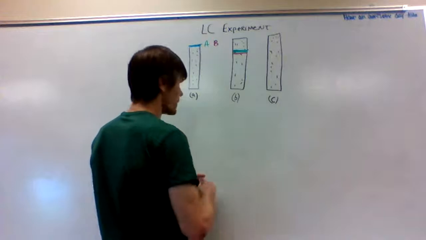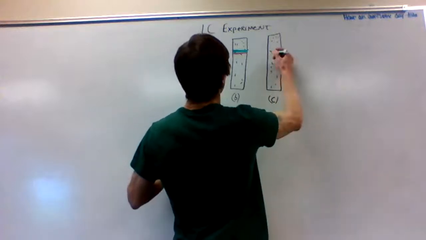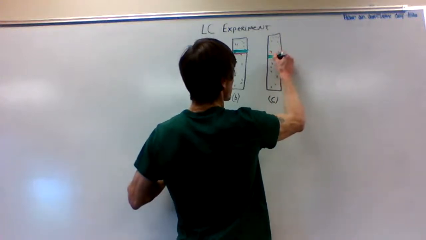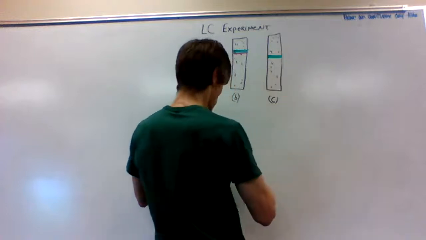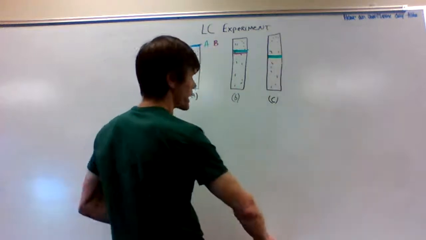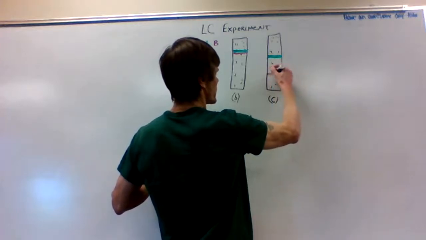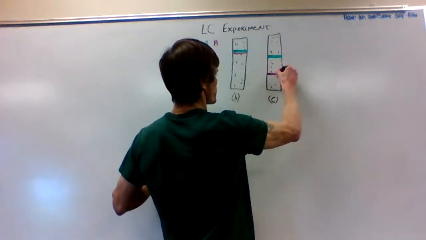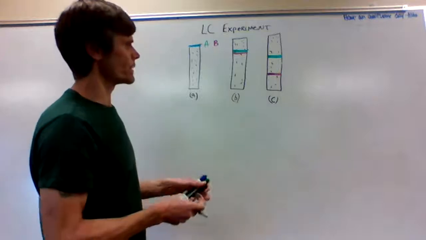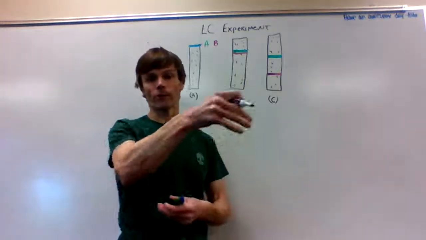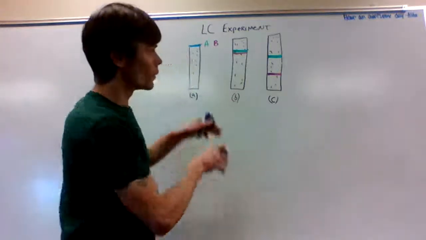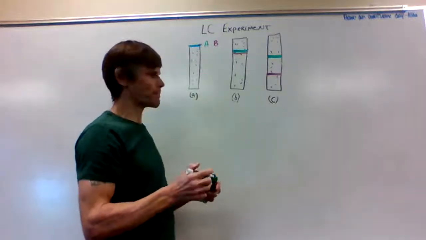At a later time, here's A. A is right here. And now B is starting to move further down. We'll assume A likes to interact longer, spend more time in the stationary phase, and B is moving quicker through the mobile phase. We can start to see how those bands are separating.